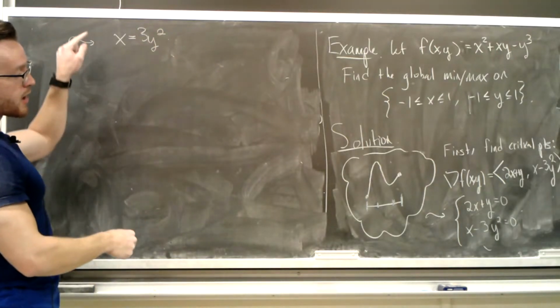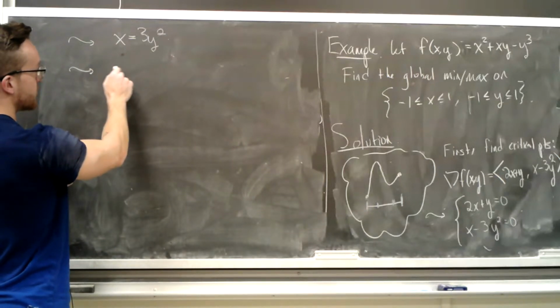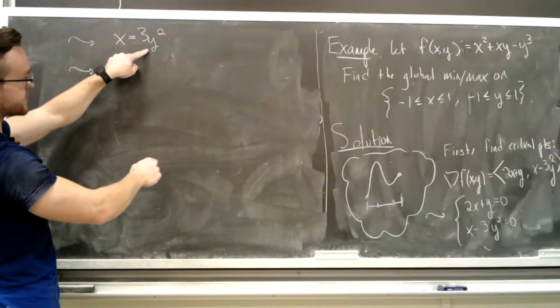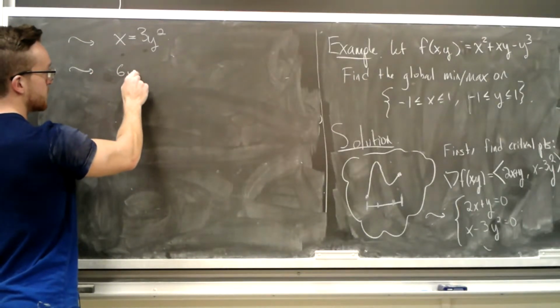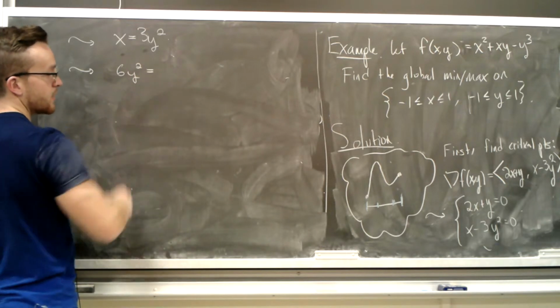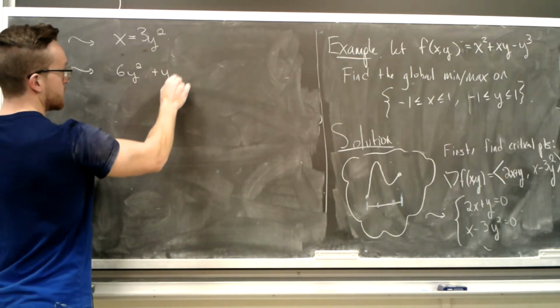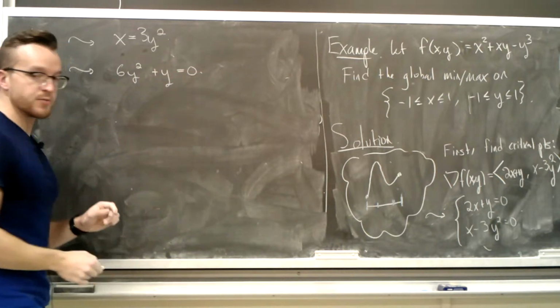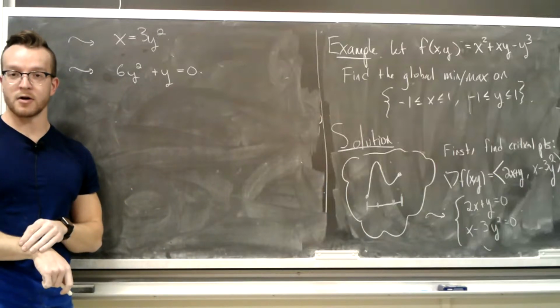And then if I pop that into the first equation, 2 times x is 6y squared, plus y should be 0. Then I can use this equation to figure out what y has to be.